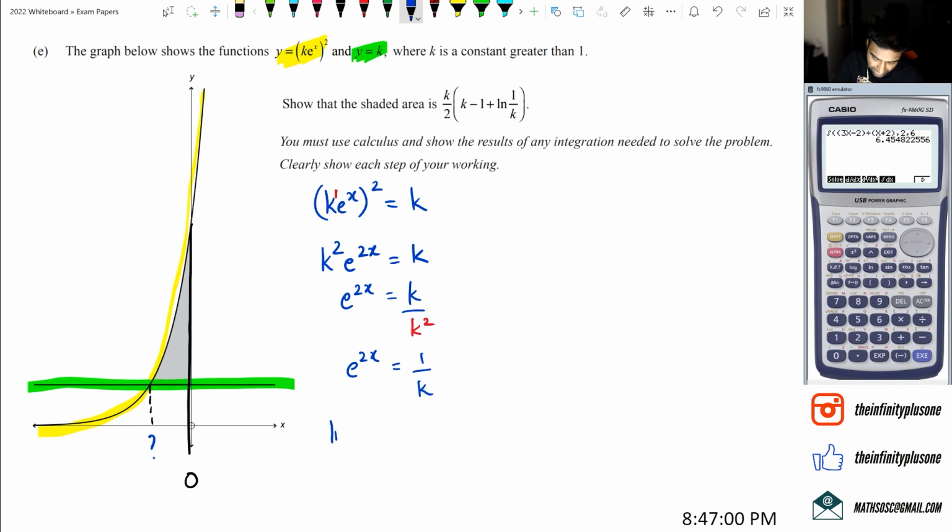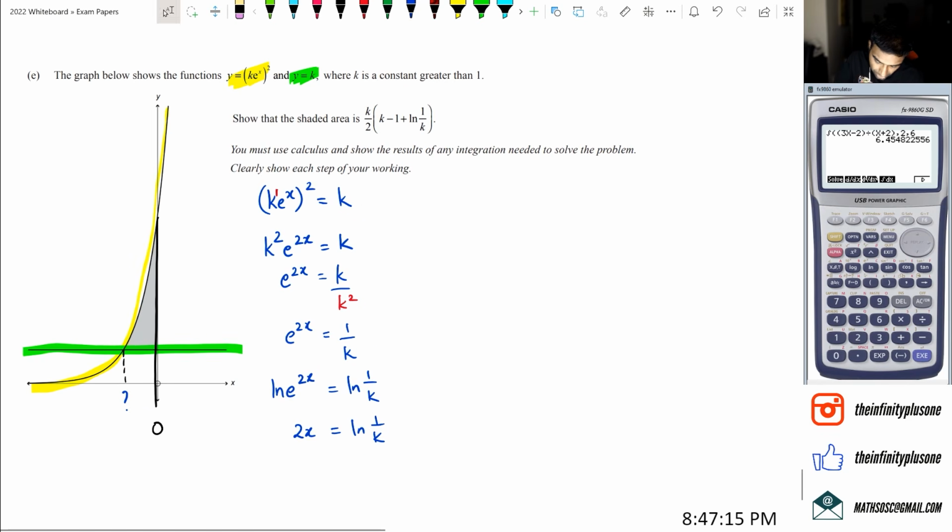So we're going to get ln of e to the power of 2x equals ln of 1 over k. Now ln and e kind of disappear, so we get 2x is equal to ln of 1 over k, and then x is equal to ln of 1 over k, and the whole thing is divided by 2. So all we really discovered here is just this particular point, ln of 1 over k over 2.